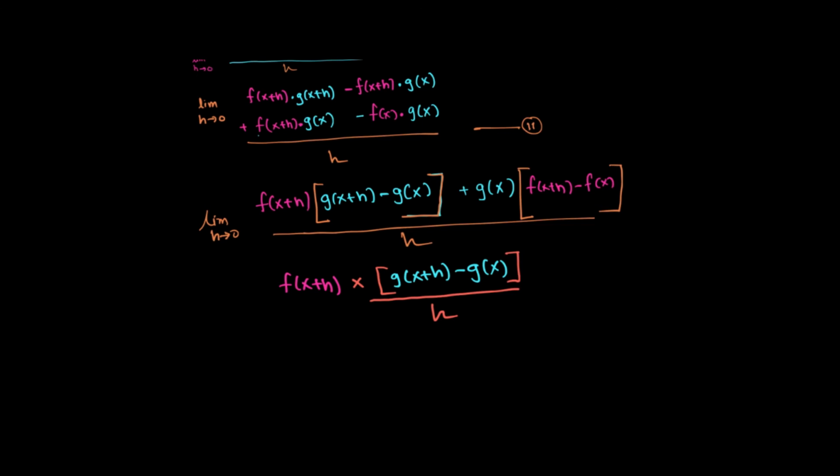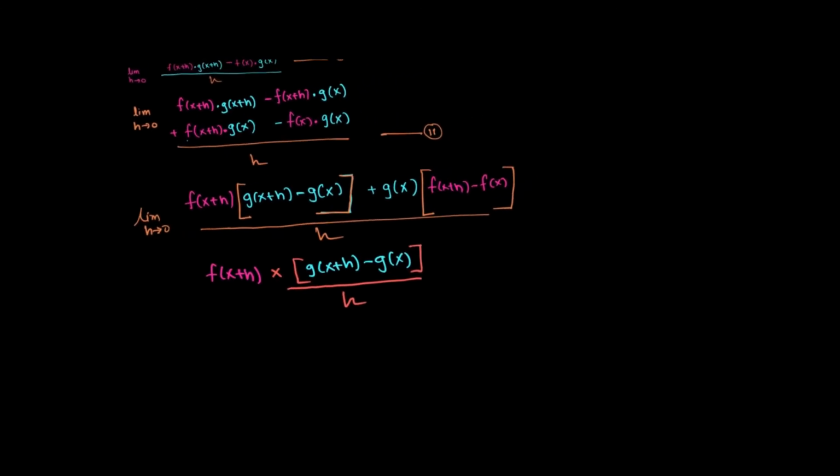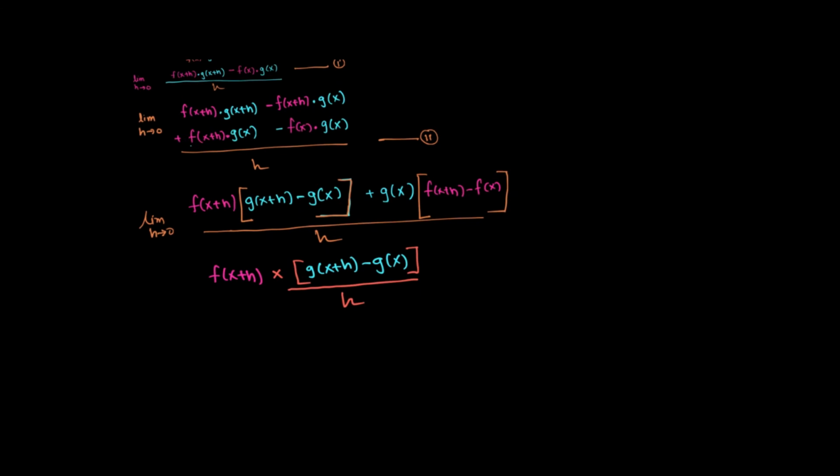So I put the h over here, and then we will do the same thing with the right hand part, that is g of x times f of x plus h minus f of x. So it's going to be plus g of x times f of x plus h minus f of x, and then we're going to divide this by h.